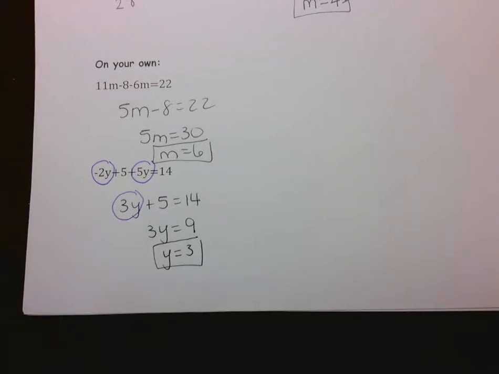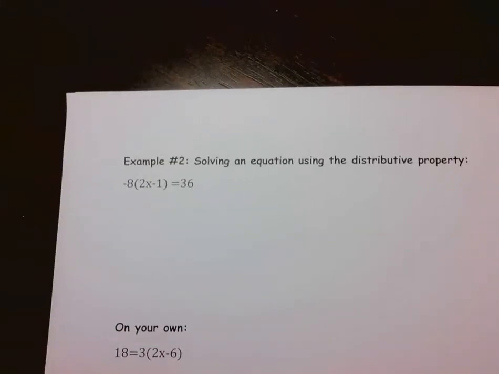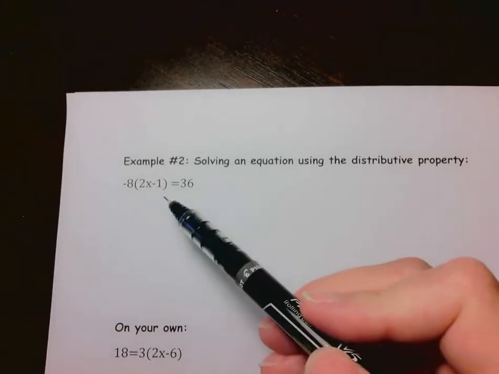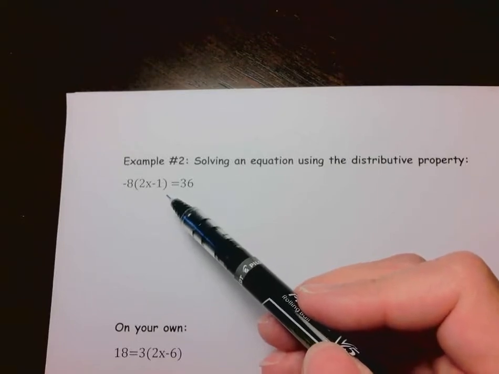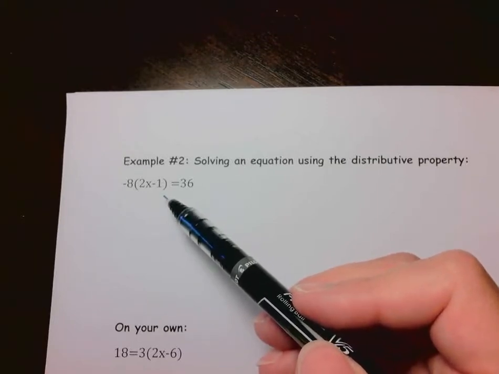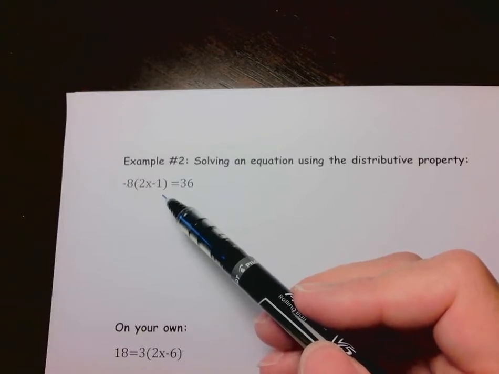Okay, let's go ahead and do the next example. Again, I cannot start solving for my variable until I completely simplify everything that's on the same side of the equality symbol. So I can't look at this and start by adding 1 to both sides, because this is not a negative 1.